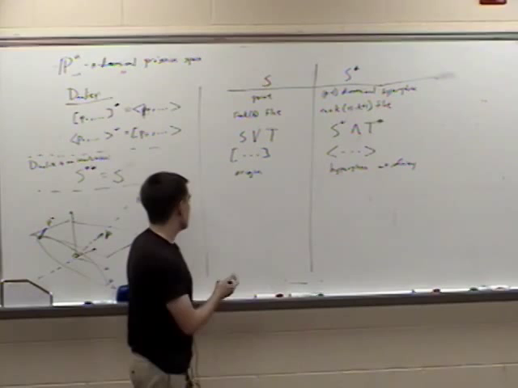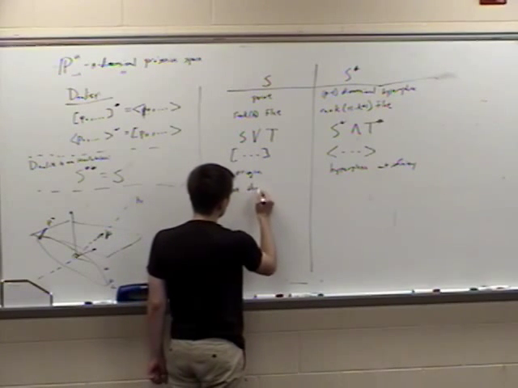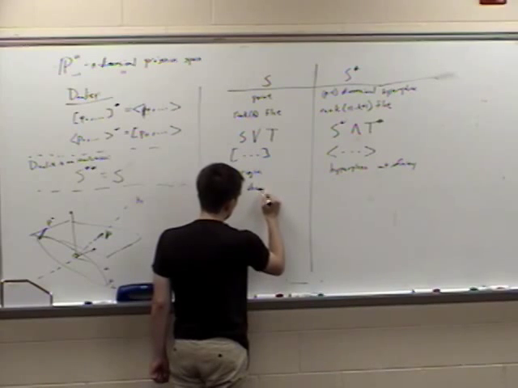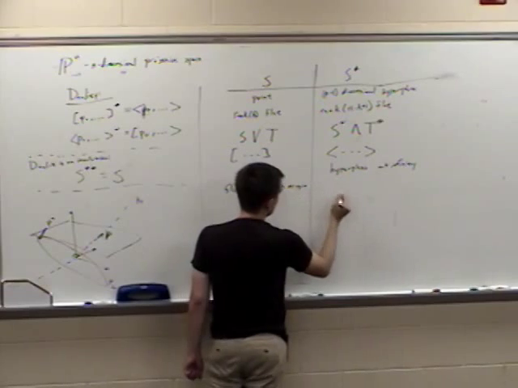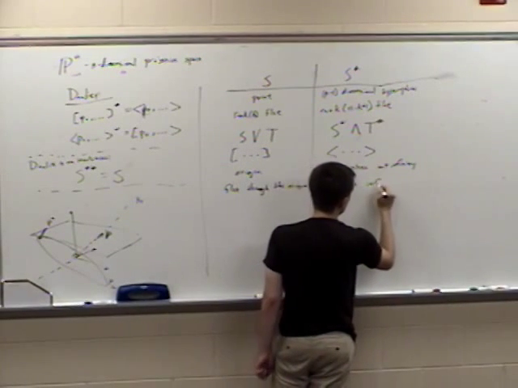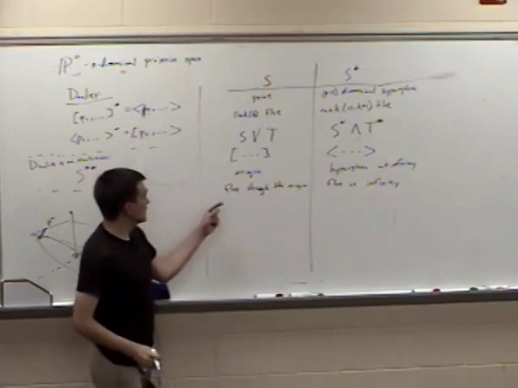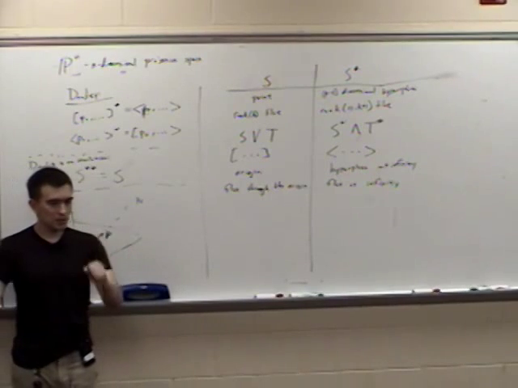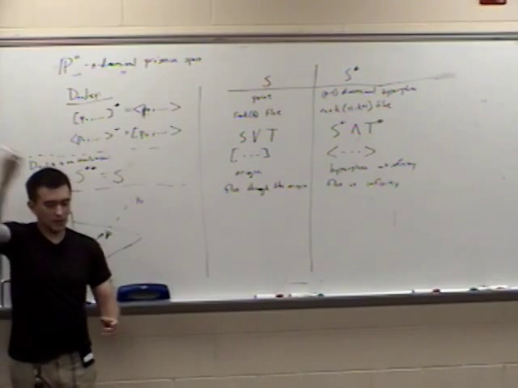And more generally, any flat through the origin becomes a flat at infinity. So in this sense, you can think of duality as sending the point at the origin to the farthest away point at infinity, and all the points at infinity back to the origin.